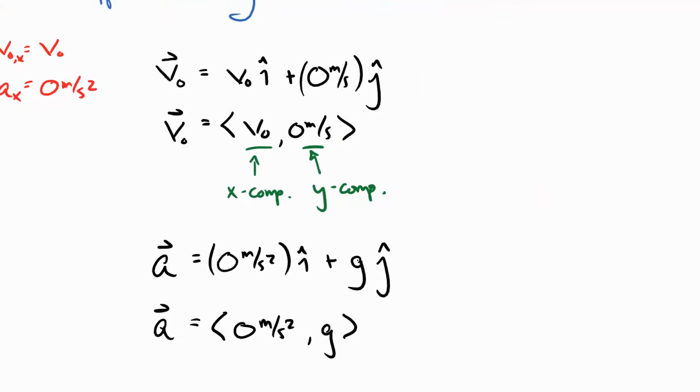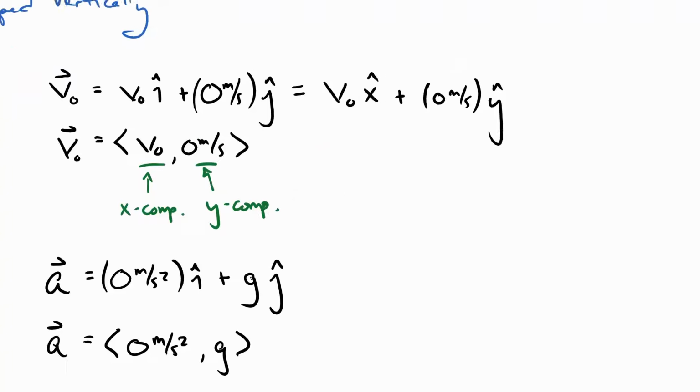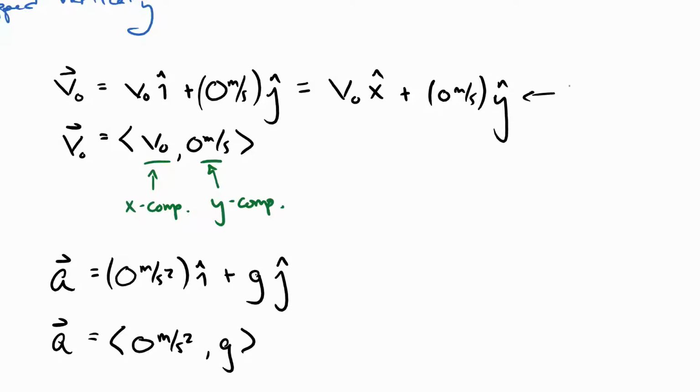You will occasionally see also, this is unit vector notation, I should say. You will sometimes see, instead of i hat, j hat, and then k hat, you will see x hat, y hat, and then z hat. But if you're doing this, unit vector notation, this is bracket notation.